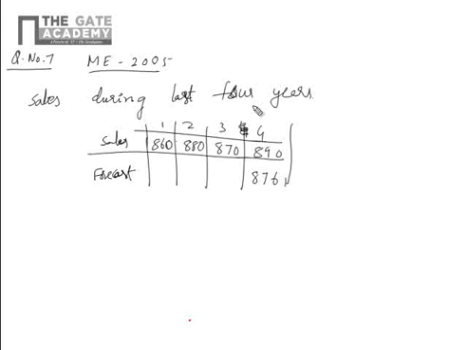The forecast for the fifth year using simple exponential smoothing is F4 plus alpha into D4 minus F4.